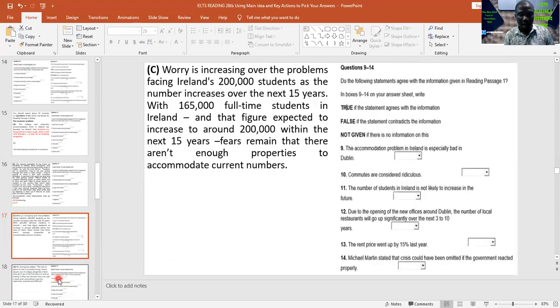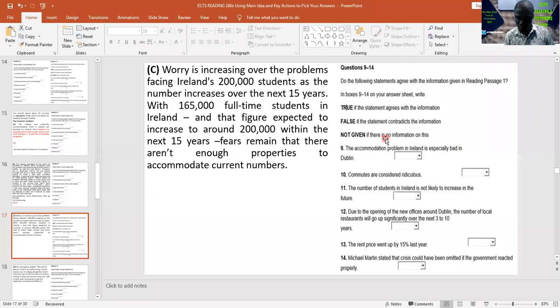Okay, now this is what I want us to go to. Though this is paragraph C, this is the question on the other side. The accommodation problem in Ireland is bad, especially in Dublin. This question has been answered. Yes, in paragraph 2, it is especially bad in Dublin.